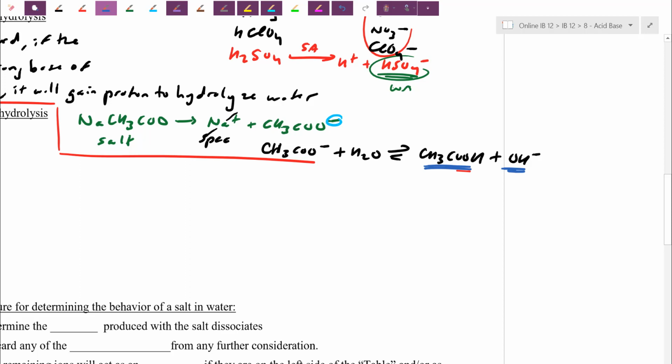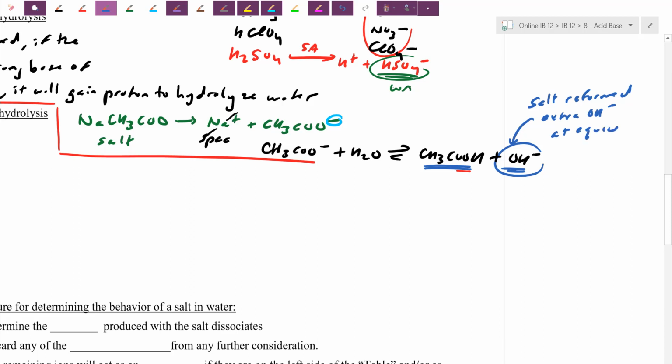Even though we were at equivalence point, we had expected the H plus to have perfectly cancelled out the hydroxide. We've now reformed some OH minus. So I can write in words here, the salt has reformed some extra OH minus at the equivalence point.